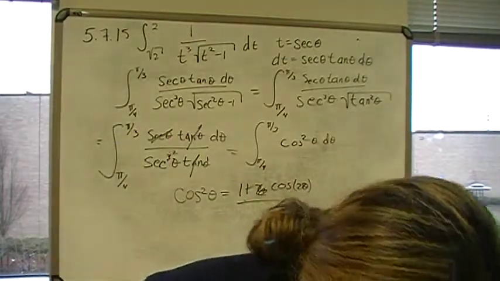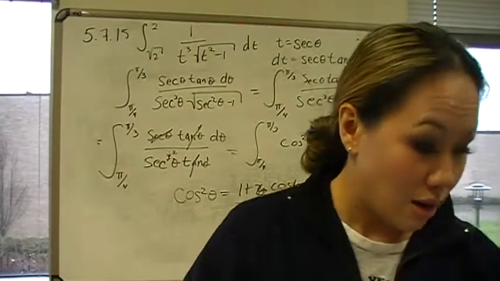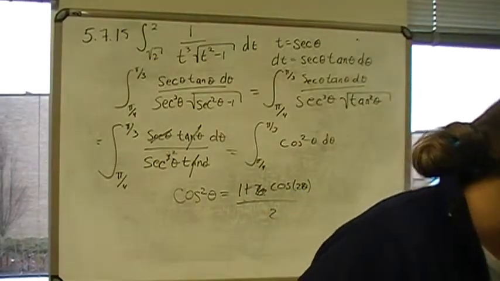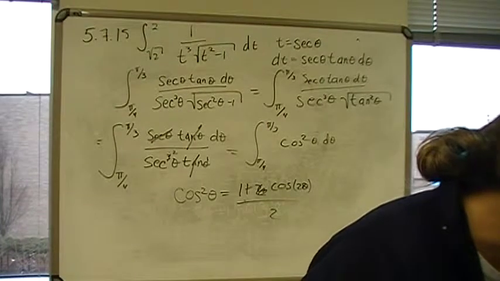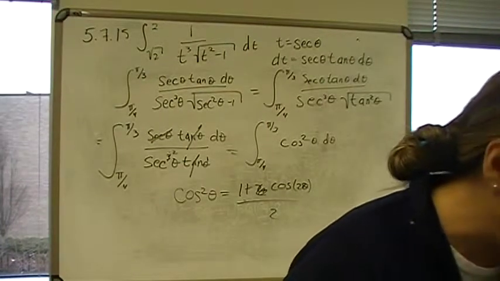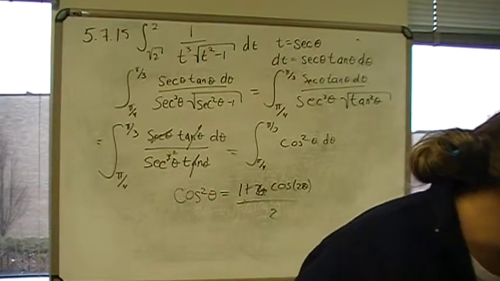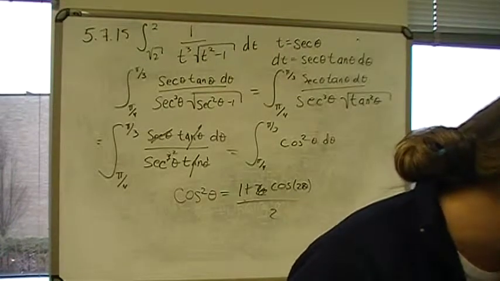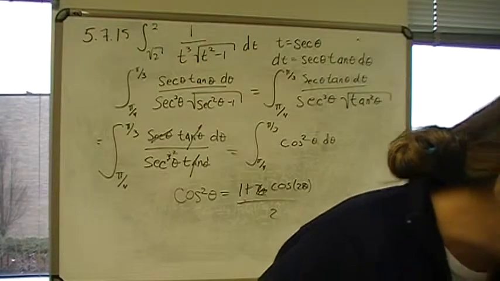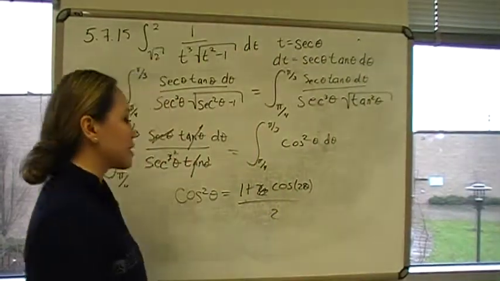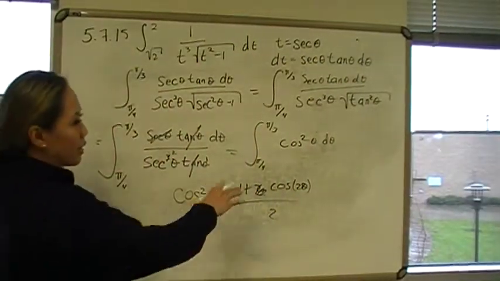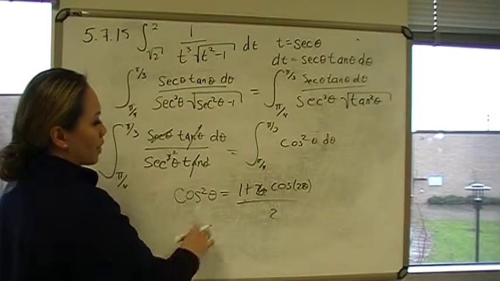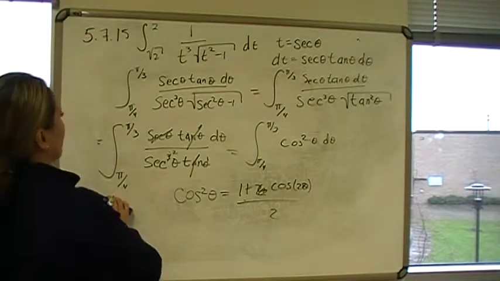And I will just check that really quick. Obviously there are so many angle identities, you don't have to know which one. The first one that you kind of think about is the most basic one of all, cosine squared plus sine squared is equal to 1, but that doesn't help us because we're trying to get rid of the squaring, and the half angle identity helps us with that.